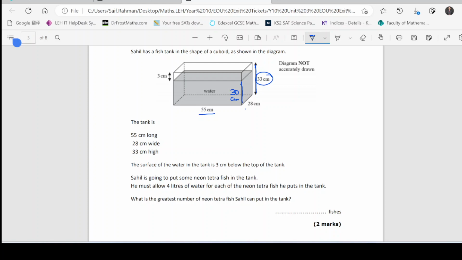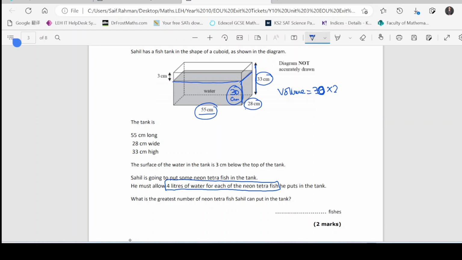So first we have to find the water in liters, but for that, first we have to find the volume in centimeter cube. For that, what we do is volume of this water, and that is 33 times, not 33 because it's 30. 33 is the total height and 30 is the water level here. Water level is 30 and 3 is empty.